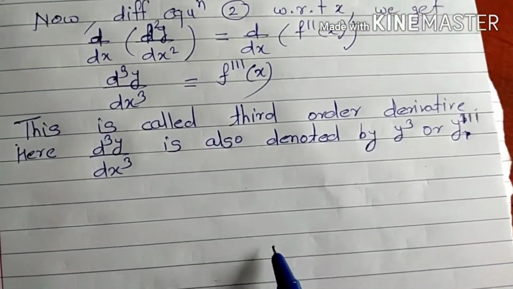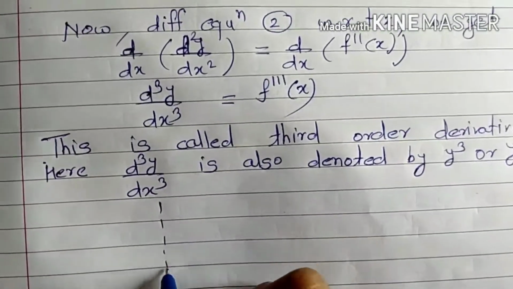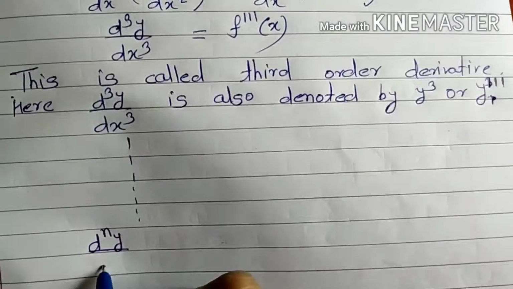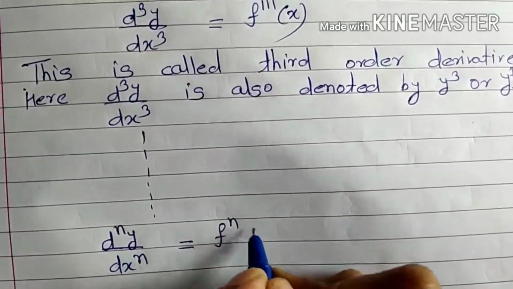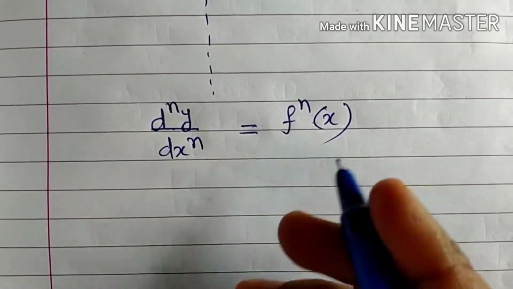Now continuing in this way, for n times we get d raised to n y upon dx raised to n is equal to f raised to n of x, and this is called the nth order derivative.